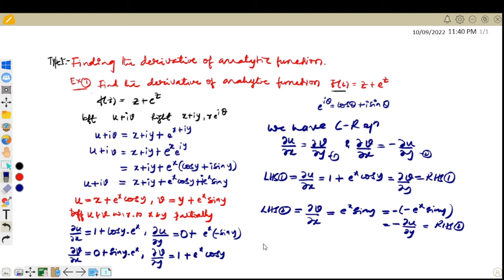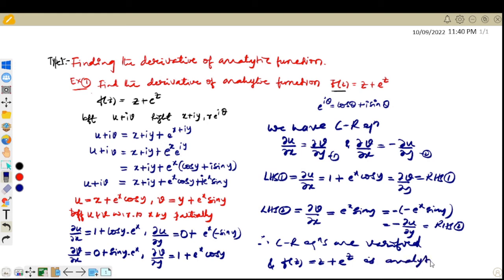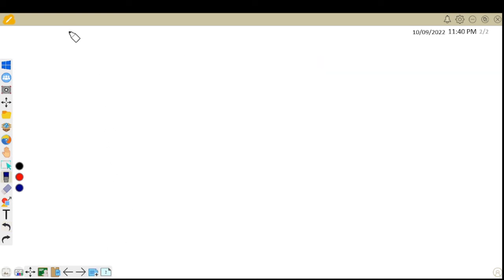So what is your conclusion? Therefore, CR equations are verified and f of z is equal to z plus e raised to z is analytic.